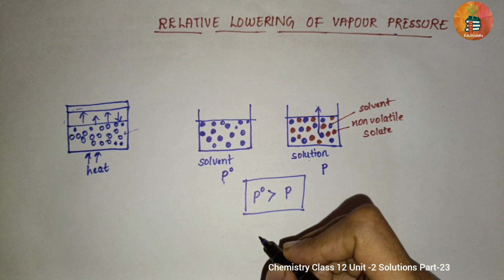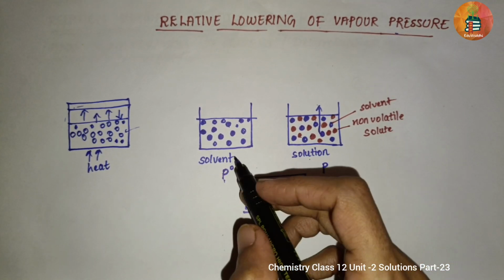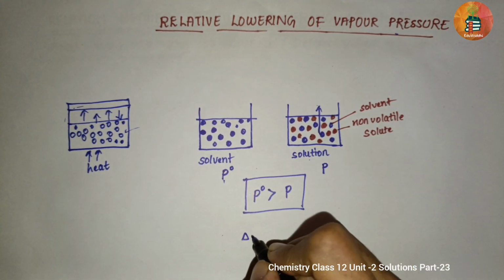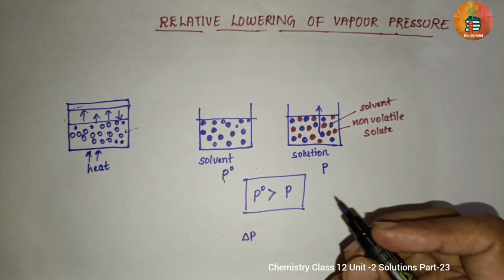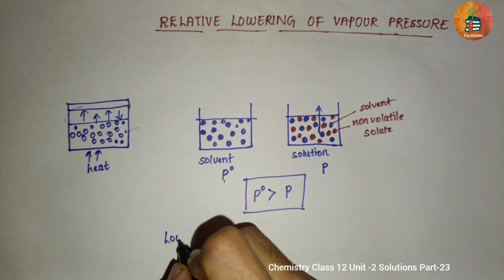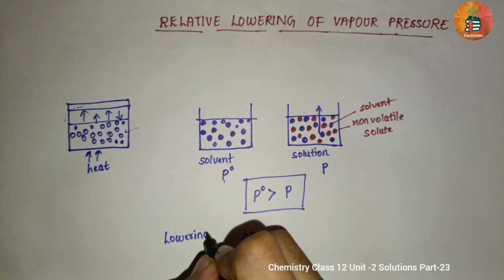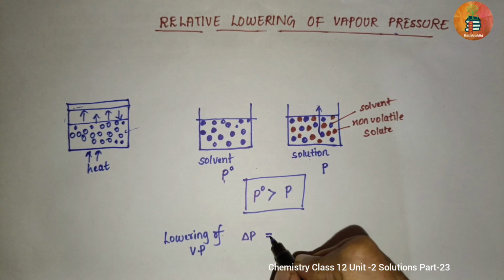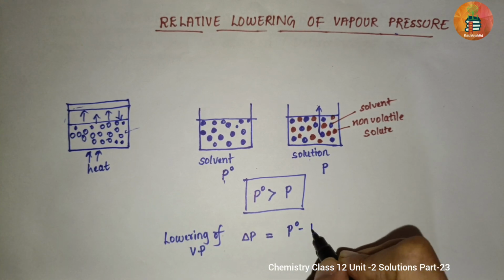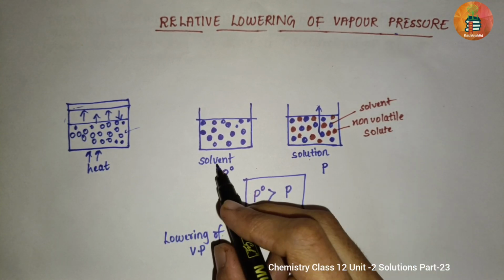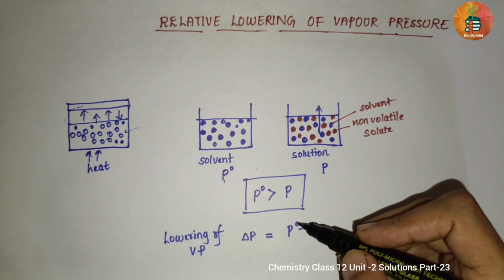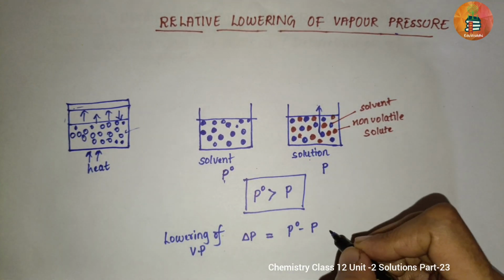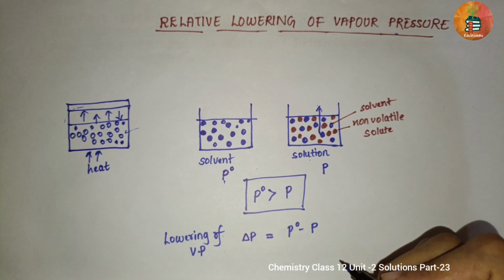So if I want to see how much the vapor pressure has been lowered in case of solution, I can write it as delta P. Delta P is nothing but the lowering of vapor pressure, that is delta P equals P naught minus P. P naught is the vapor pressure of the pure solvent, and P is the vapor pressure of the solution. If you take this difference, you will get the lowering of vapor pressure.